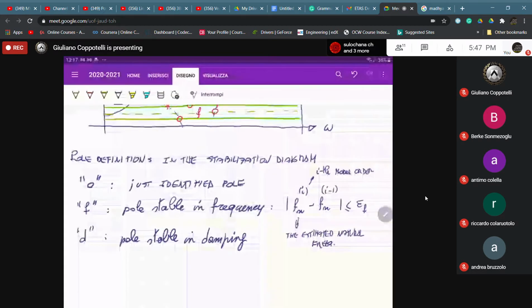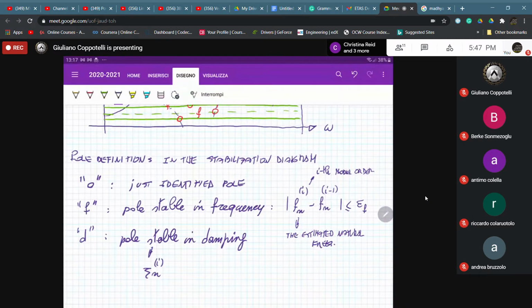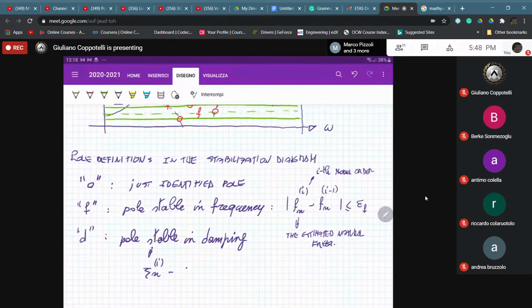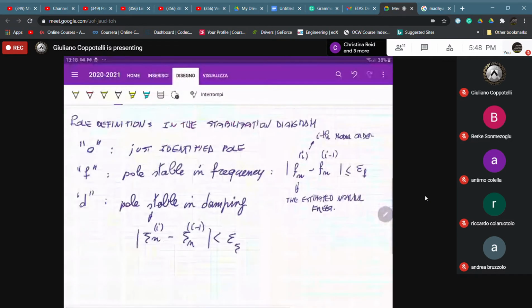That is, we are saying that the corresponding zeta coefficient, the damping ratio at the ith model order, compared to the corresponding damping ratio at the i-1, so the previous model order, is once again less than a prescribed value that is referred to the zeta, the damping ratio.